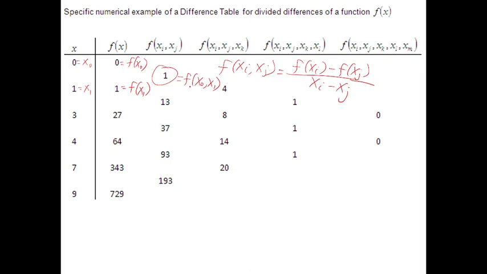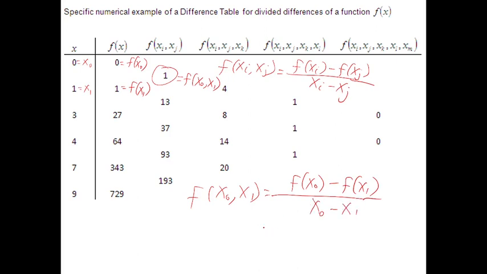So in that case, if i is 0 and j is 1, f of x sub 0, x sub 1 is f of x sub 0 minus f of x sub 1 over x sub 0 minus x sub 1.